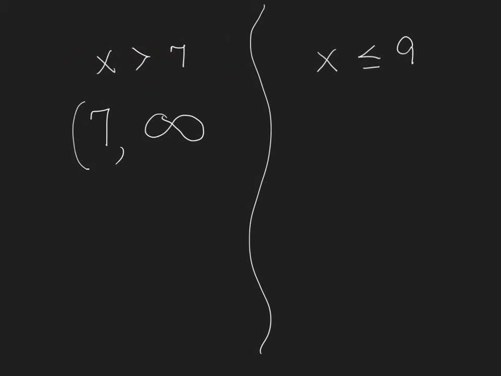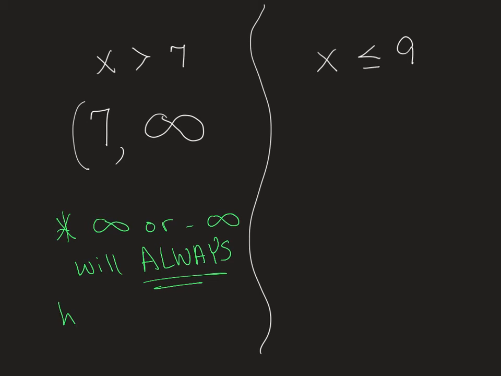So I'm going to give you a note: infinity or negative infinity will always have a parenthesis. Okay, one or the other. All right, so knowing that this is infinity, I'm going to put a parenthesis there.